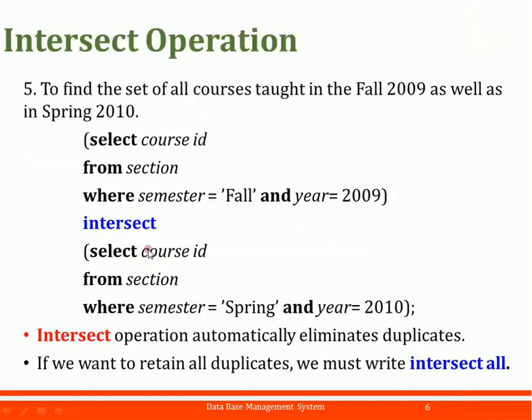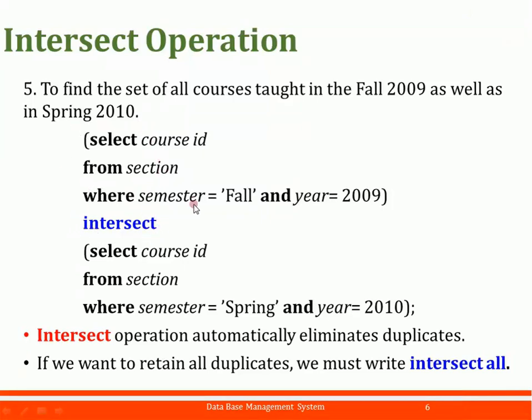The next is intersection. This is like finding the common thing which is present in both the relations. So to find the set of all courses taught in fall 2009 as well as in spring 2010, the common tuples have to be selected. So you are going to use intersect.